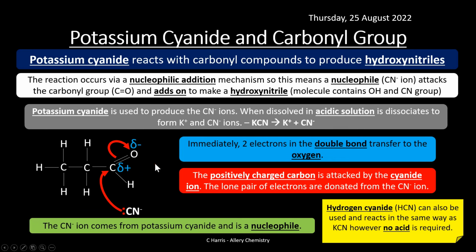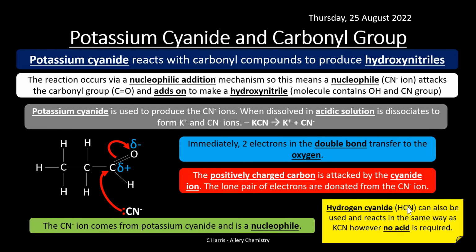Hydrogen cyanide could be used in this reaction, and it reacts in the same way, but with potassium cyanide, no acid is required. Hydrogen cyanide is a gas. It's really difficult to actually manage it and control it.